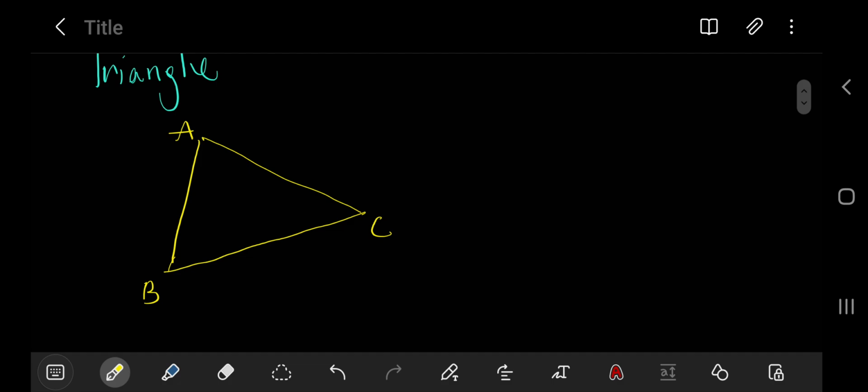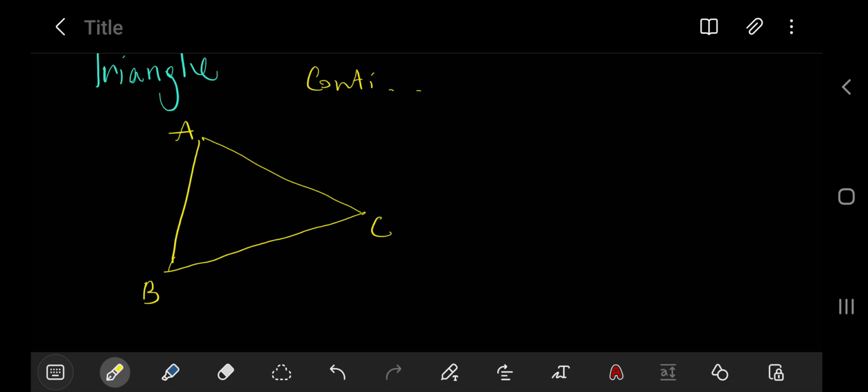So for example, let us start by producing BC, right? So if BC is produced to a certain point, then it means BC is continued. Okay, it is continued to a certain point.